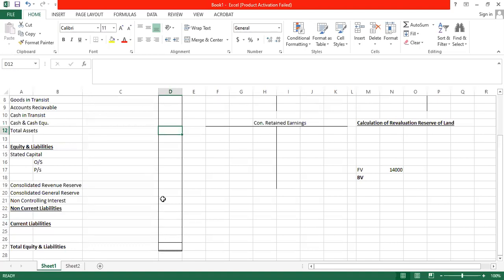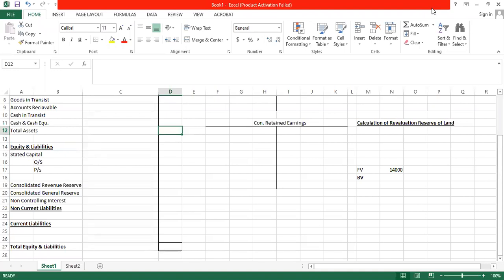Because both the liability side and asset side of a balance sheet are balanced, equal, right? So if you deduct your liabilities from total assets, the remaining is the equity portion.